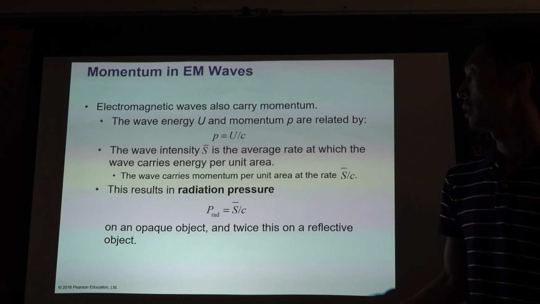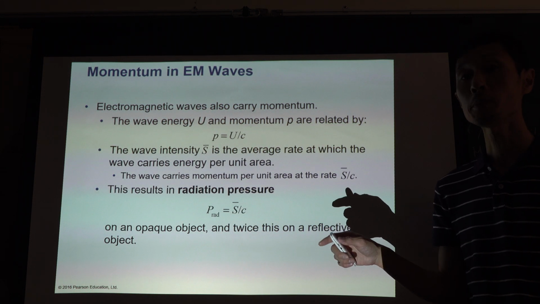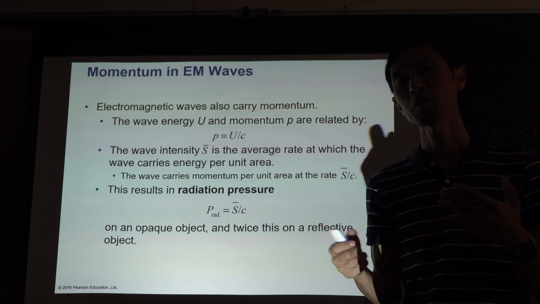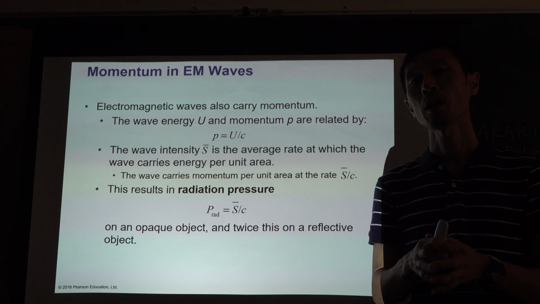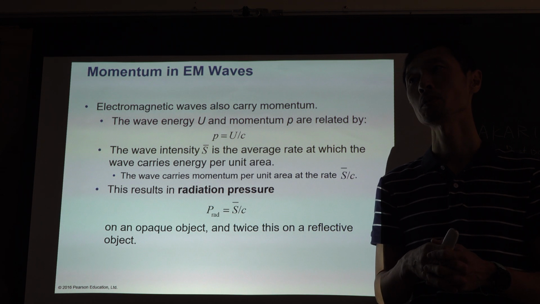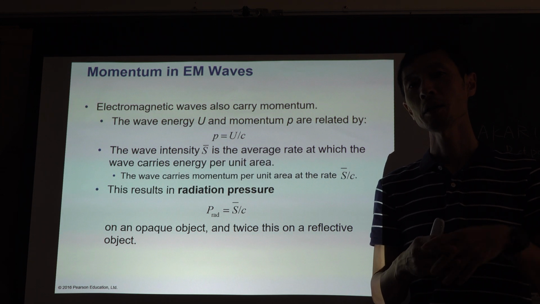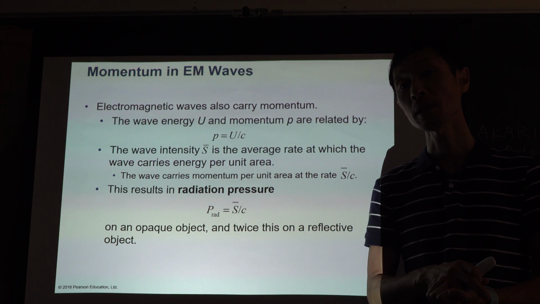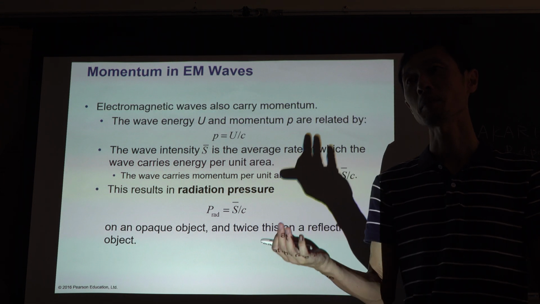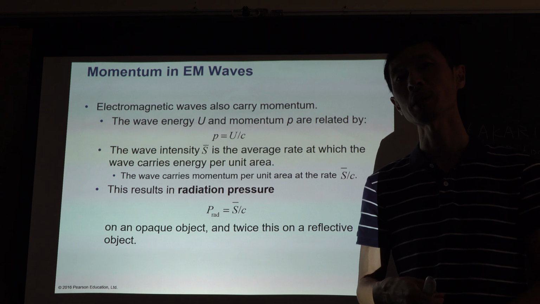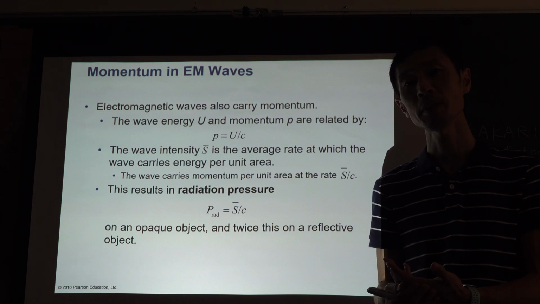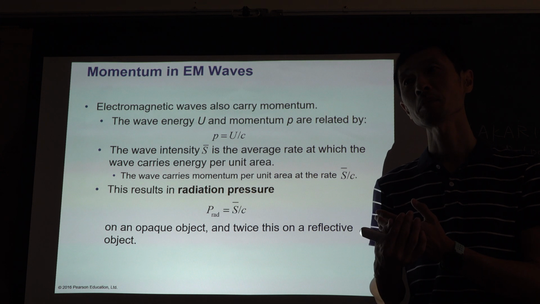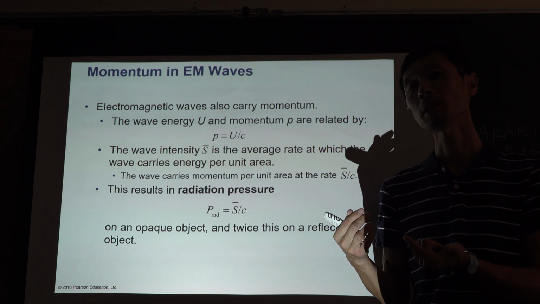And there are some people trying to use this radiation pressure for spacecraft. If you launch a spacecraft in space, then you need some energy to push it forward, right? But carrying a lot of fuel is expensive and it's going to be heavy. But in space, there's a sun.